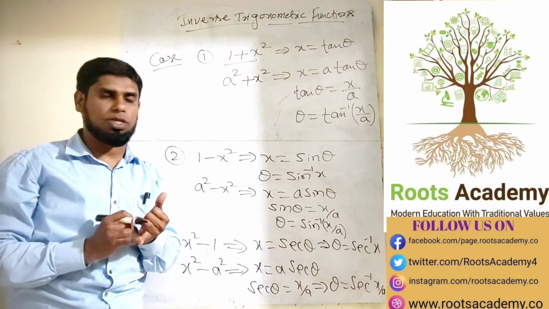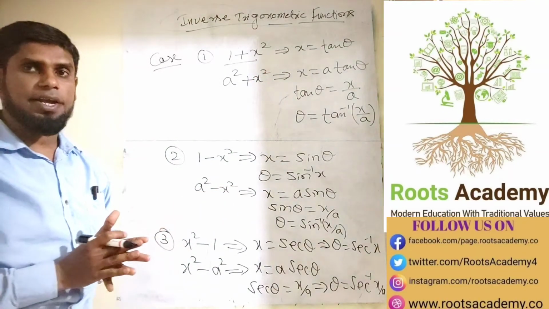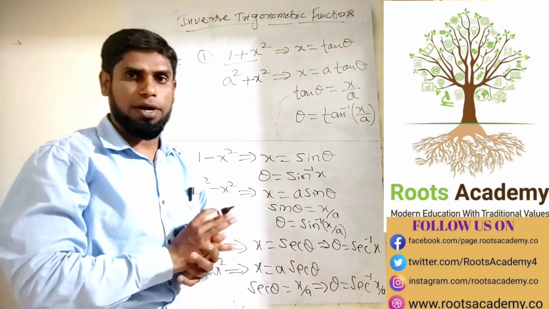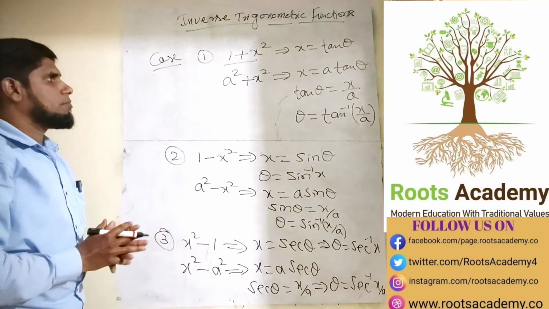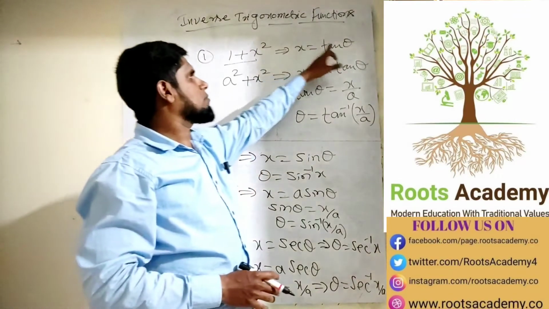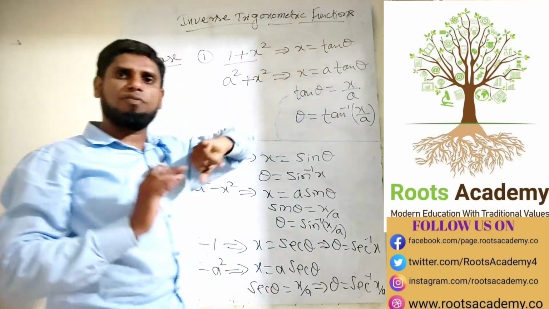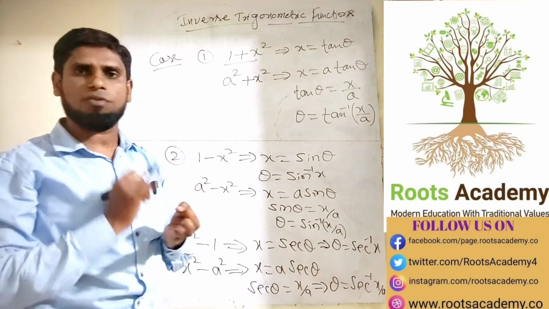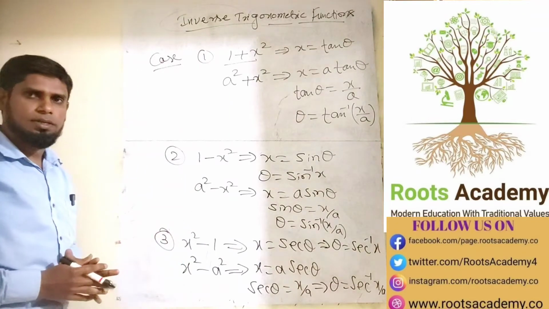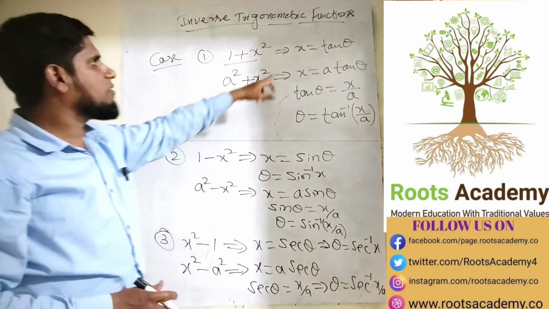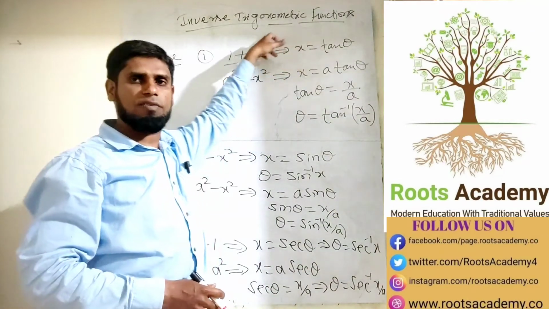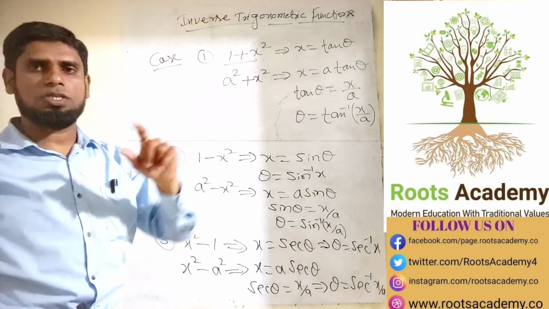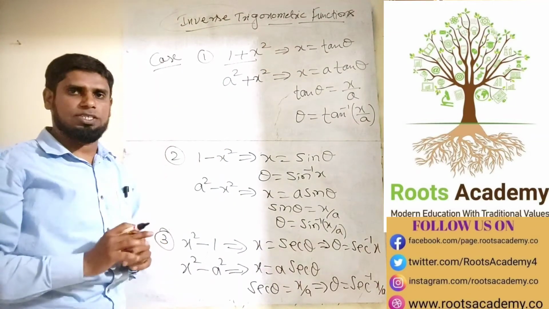After substitution, if you are not getting a direct formula, then somewhere you are wrong. We should check one more time. Usually we will get the formula in terms of tan, sin or cos, definitely.